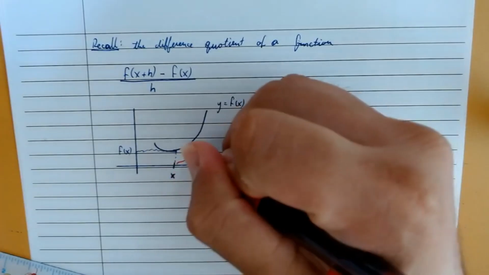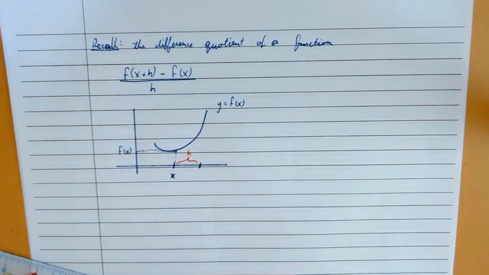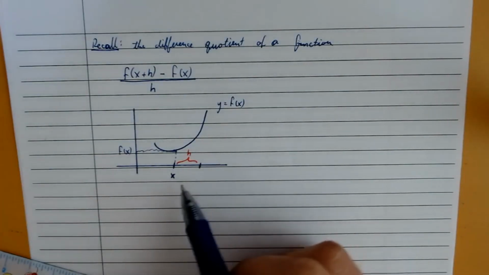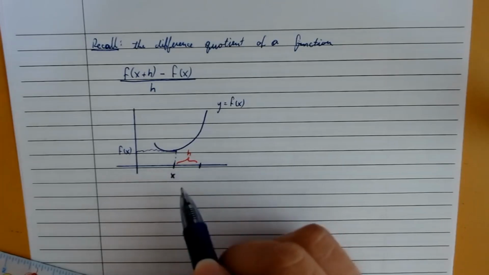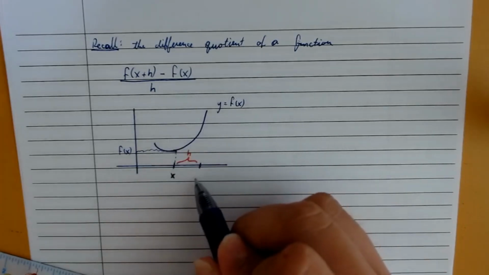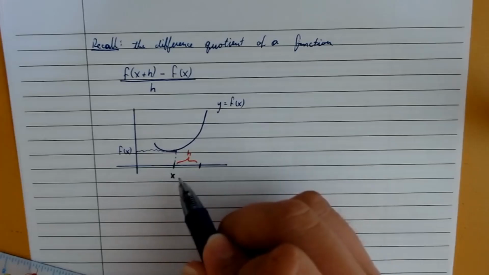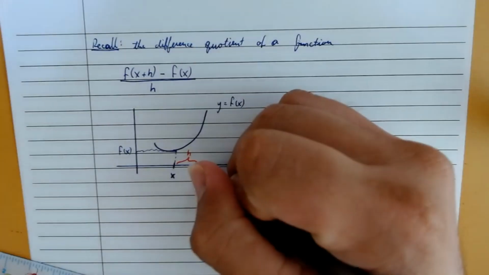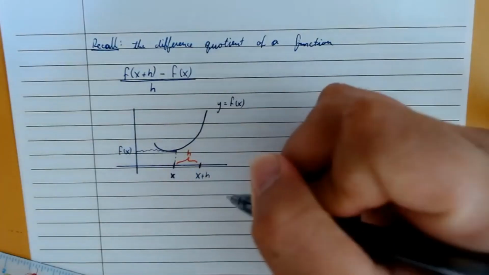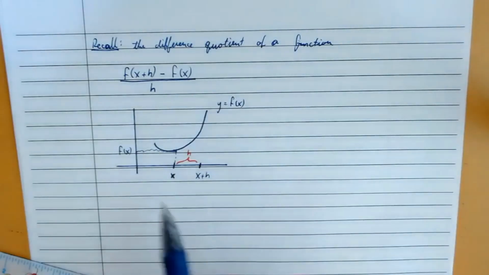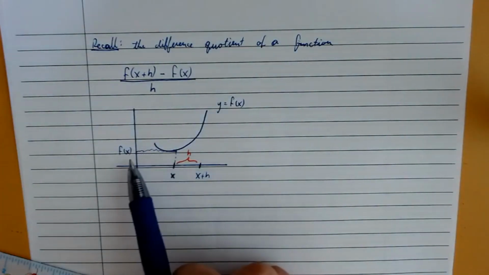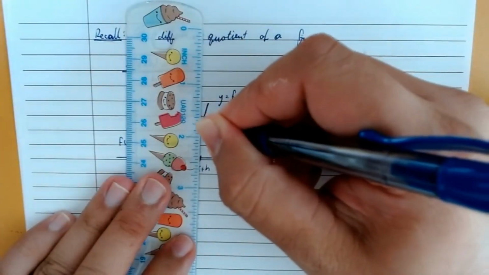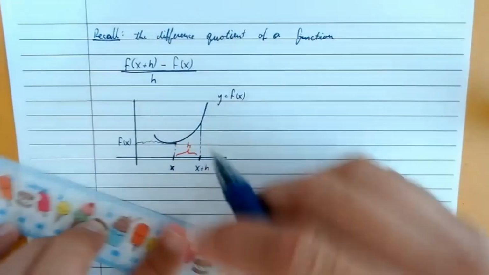It doesn't have to be h. That's just a common symbol used whenever we're dealing with something like this, a small distance, we'll call it h. So we can call this x2 or w, but another way you can say it is, it's x plus that extra distance. So you can call that x plus h. All right, well, if you plug in x into your function, you get f of x. If you plug in x plus h into your function, you're going to get f of x plus h.